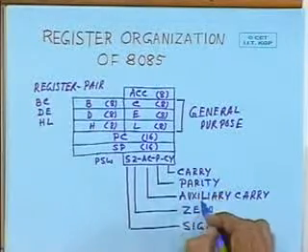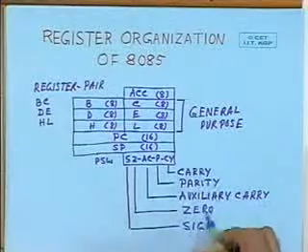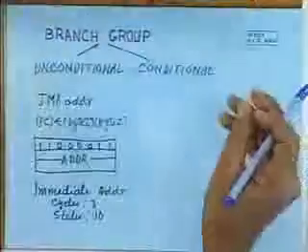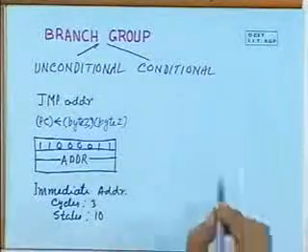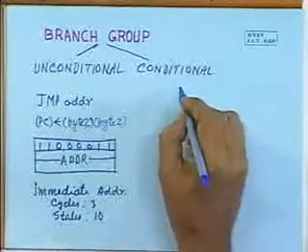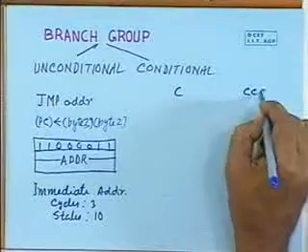But the other 4, carry, parity, zero and sign, can be used as the condition. For example, we can provide it in the form of a code. So this is the code.